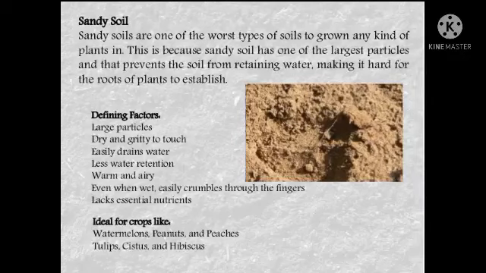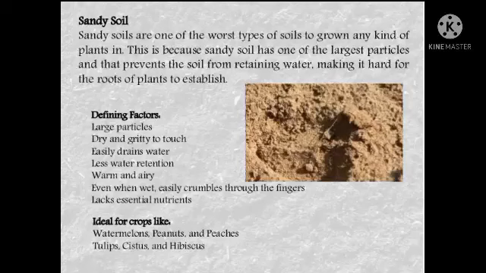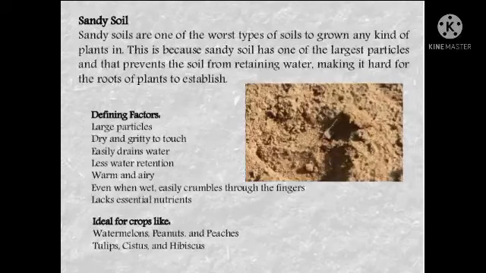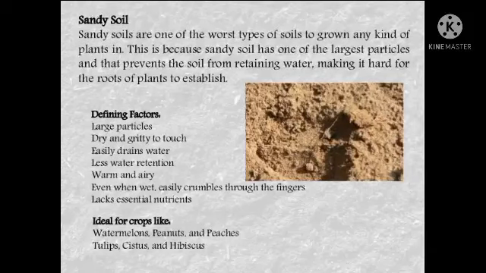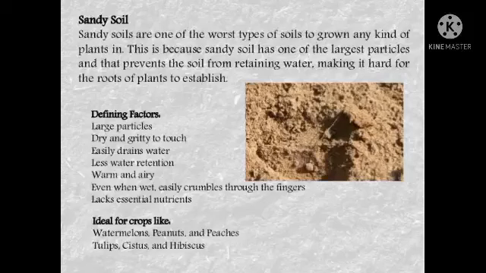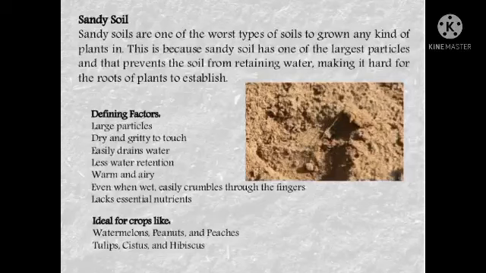Defining factors: large particles, dry and gritty to touch, easily drains water, less water retention, warm and airy even when wet, easily crumbles through the fingers, lack essential nutrients. Ideal for crops like watermelons, peanuts, and peaches, tulips, cistus, and hibiscus.